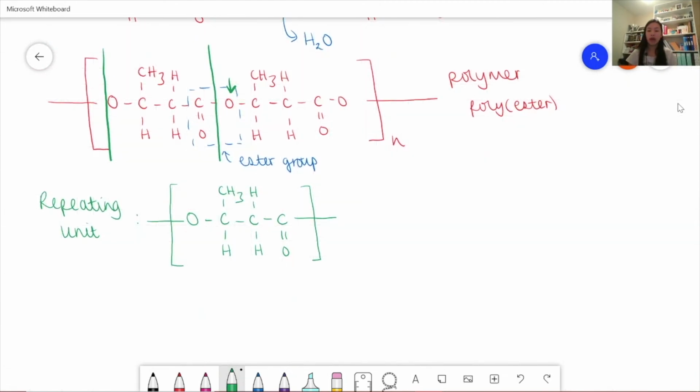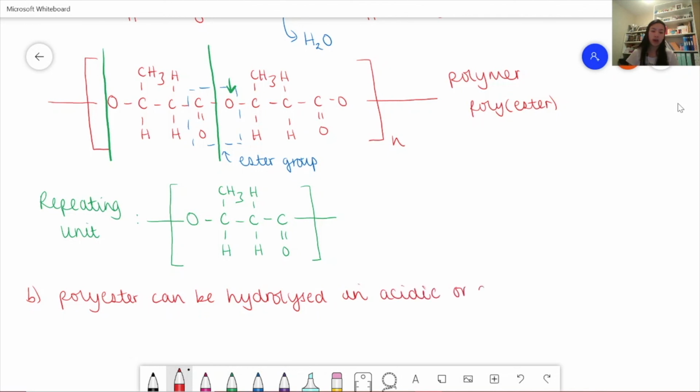So remember, for polyesters and polyamides, they can be hydrolyzed. So this polyester can be hydrolyzed in acidic or alkaline conditions to reform the monomer.